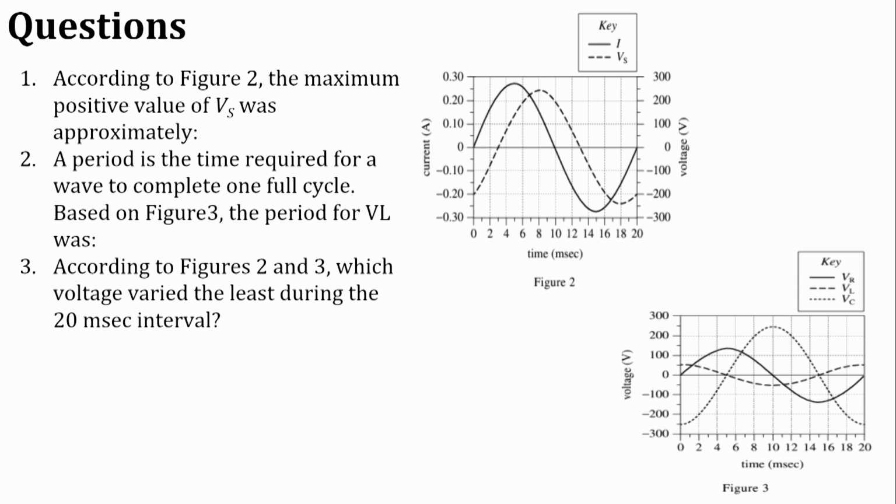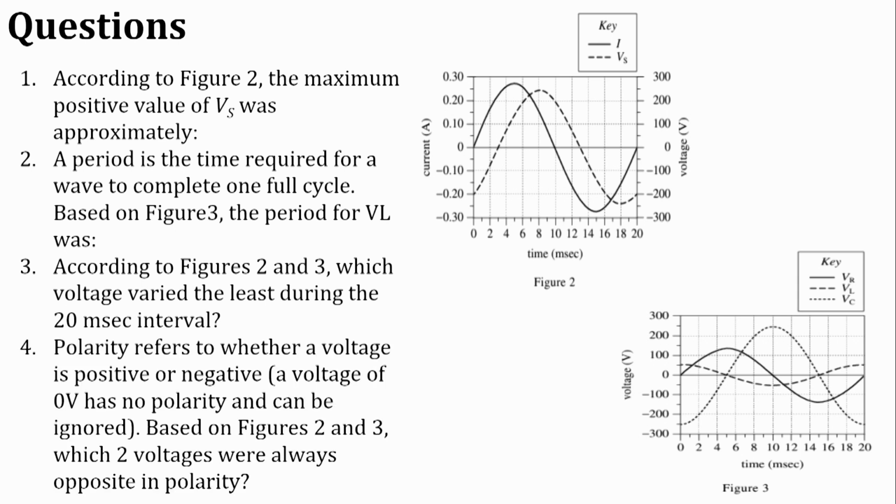It's right over the zero. And then the lowest it goes, the trough, is about negative 50. So that means there's just a difference of 100 voltage here. And then you can look at VC, where the crest and the trough are much higher. You can see that it's varying a lot. So our answer here is going to be VL, just because the crest and the trough are basically the closest together out of those different variables that we looked at.